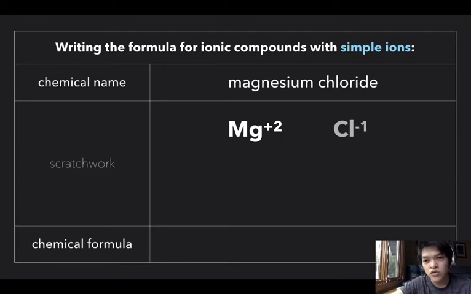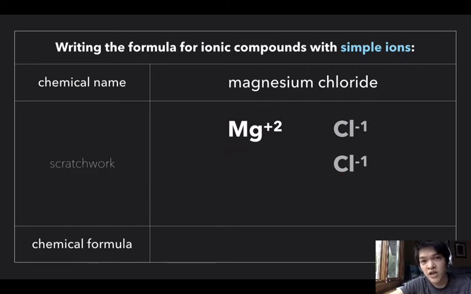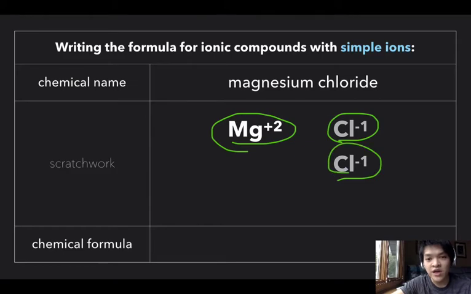It's not going to be neutral, so we're going to need another negative ion, like so. Now we have a total of -2. We also have a total of +2. It's going to cancel out. That's good. So when we write our chemical formula, we need to make sure that there's just one magnesium ion, but there are 2 chloride ions.